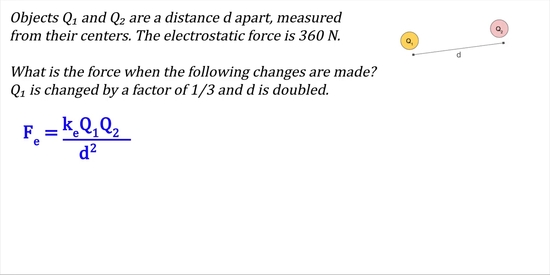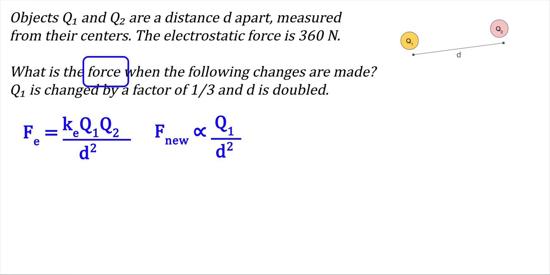I don't need to do any rearranging, but I can notice in reading through it that only Q1 is changed and D is changed. And so the k_e and the Q2 are not really part of this situation. I just need to look for changes in Q1 and D. So I'm going to simplify my proportionality that way.